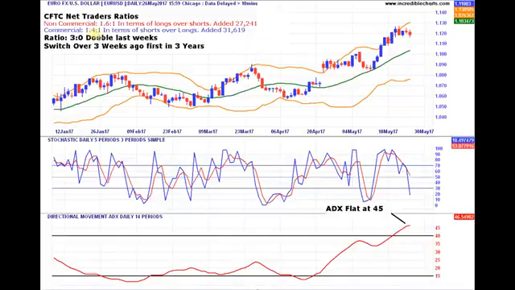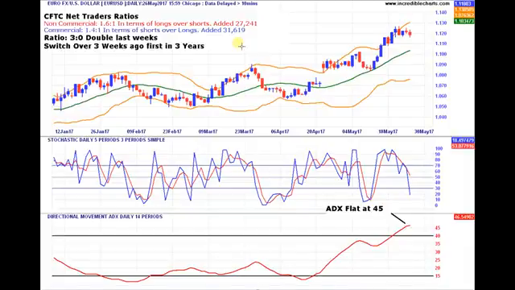Commercials are 1.4 to 1 in terms of shorts over longs. Again, not a big divergence, but they added 31,619 shorts. What we're seeing now is the commercials really come in to sell the euros, while the non-commercials are obviously buying. The ratio is 3.0. It's double last week's divergence.